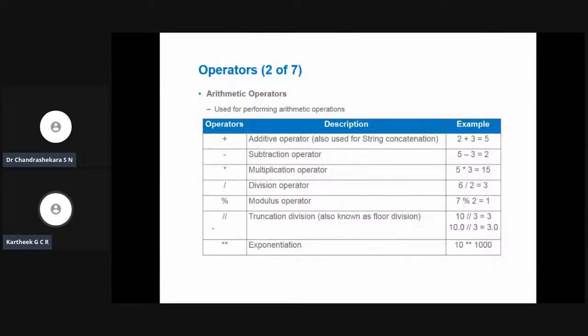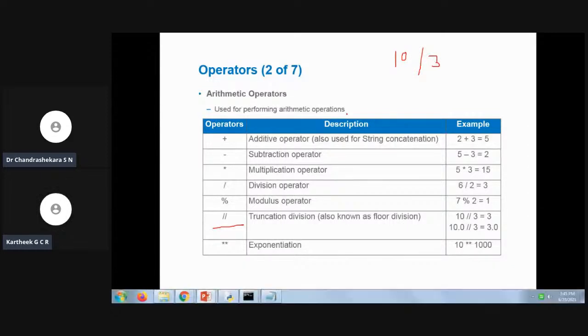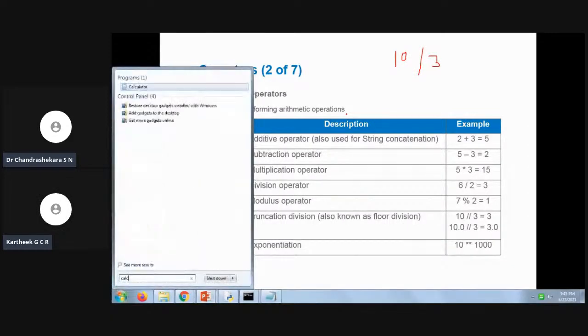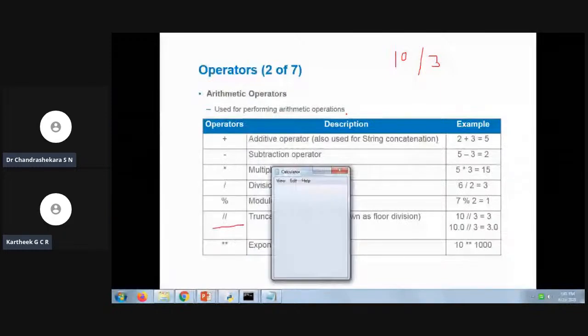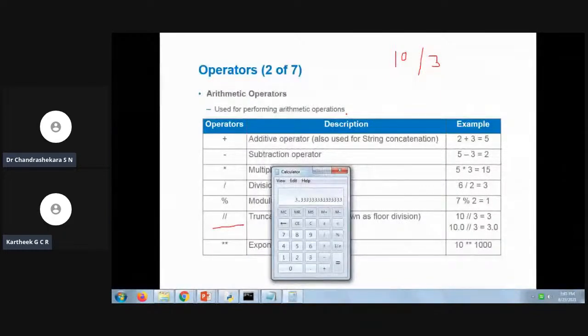Then this is a special case which I will tell you about. This is called floor division. For example, here the example says 10 divided by 3. What is 10 divided by 3? 3.33333, right?